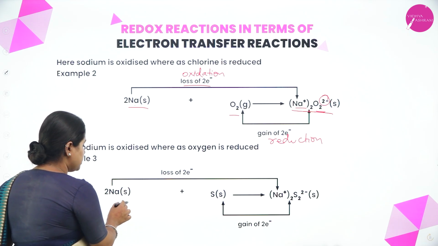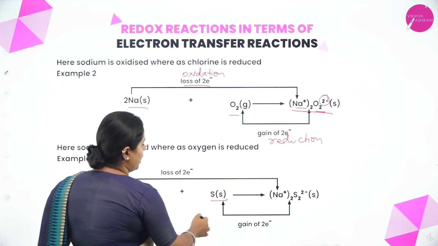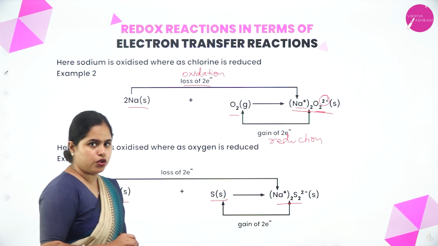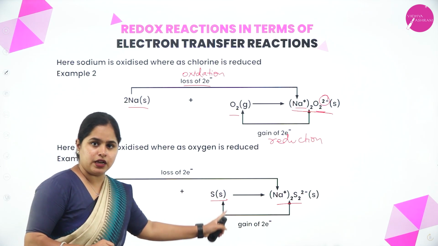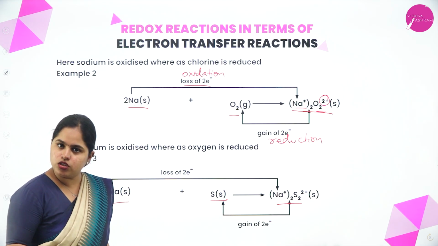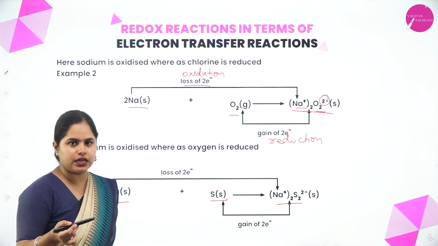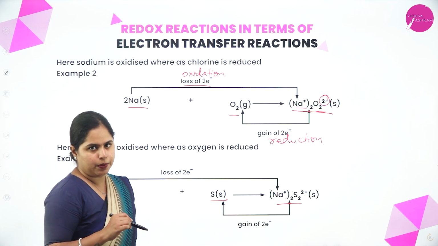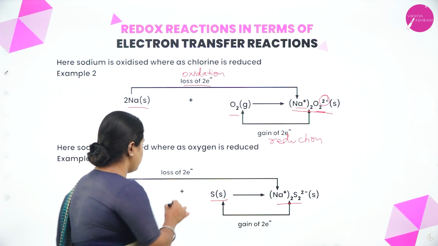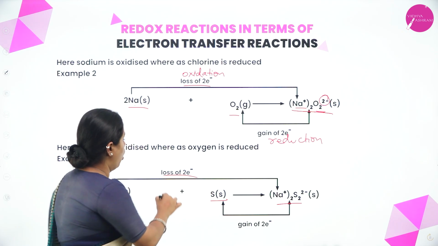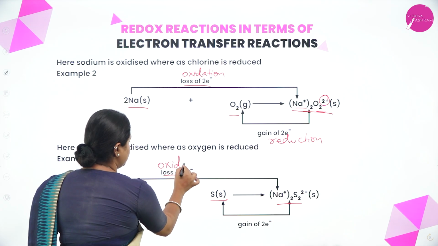Now the next one, again sodium combines with sulfur and forms sodium sulfide. Here also you can see 2 electrons are being lost from sodium. It undergoes oxidation and forms Na plus, right? And how many Na plus? 2 Na plus. So what happens? There is loss of 2 electrons. Again, this is an oxidation process or oxidation reaction.